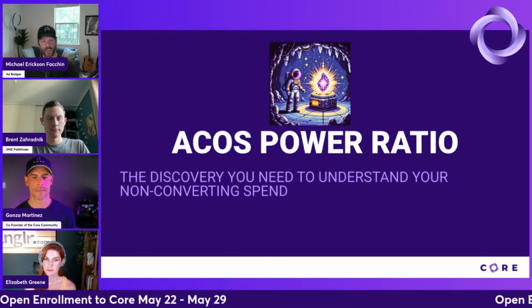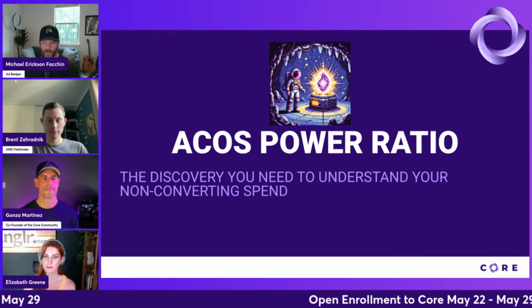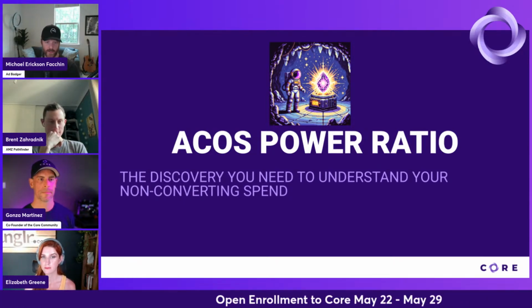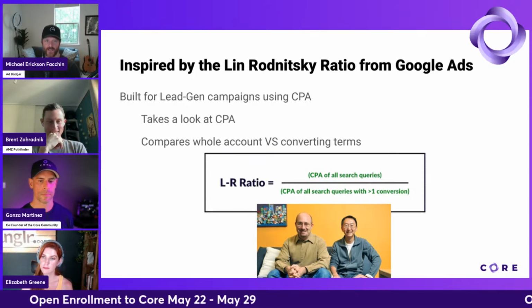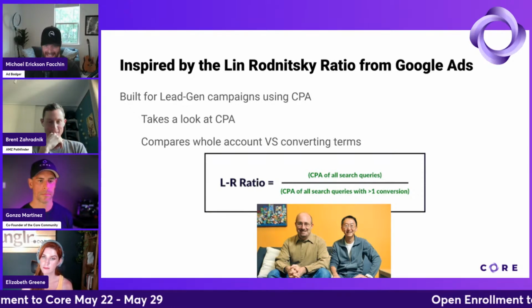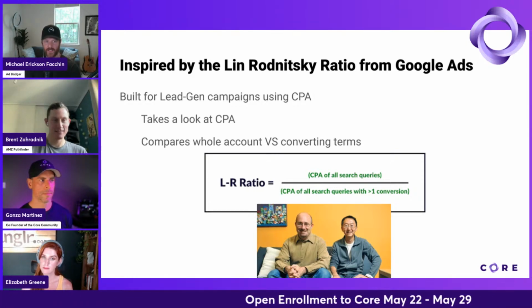This is why we have the ACOS Power Ratio. It's really what you need in order to understand your non-converting spend, and I absolutely love it. It was heavily inspired by the Lynn Radnitsky team, two guys from Google Ads.